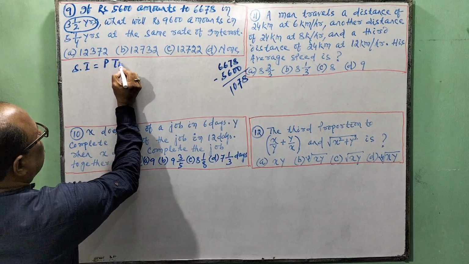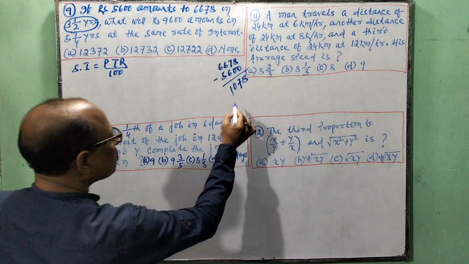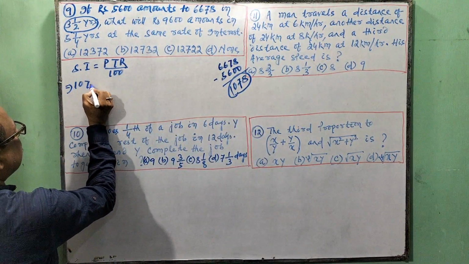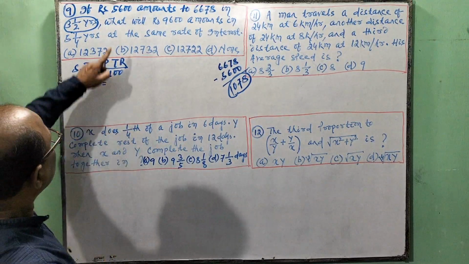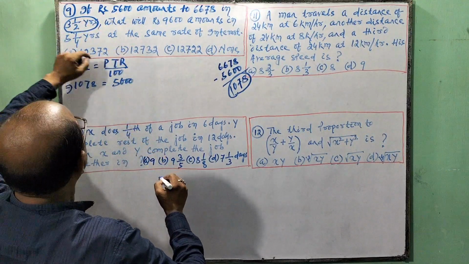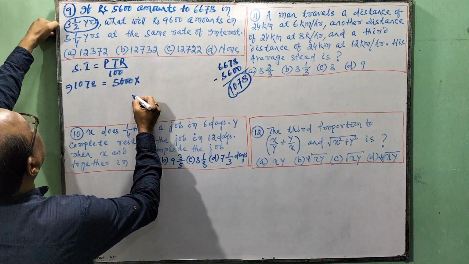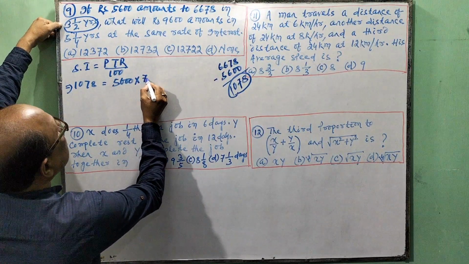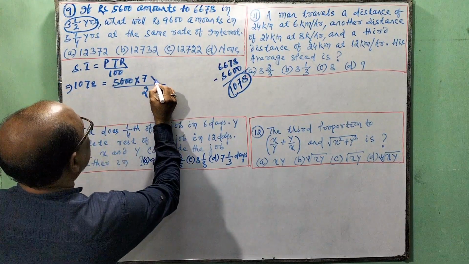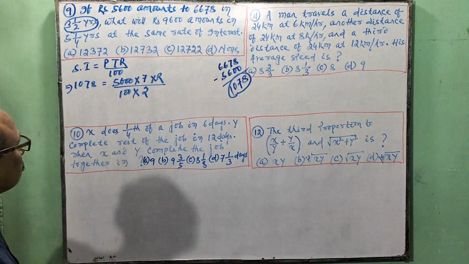So the SI is equal to PTR by 100. You know about this, I have discussed it before. SI is 1,078, P is 5,600, rate of interest is not given, T is 3 and 1 by 2, that is 7 by 2. R is not given, and 100 is here, so we find R percent.